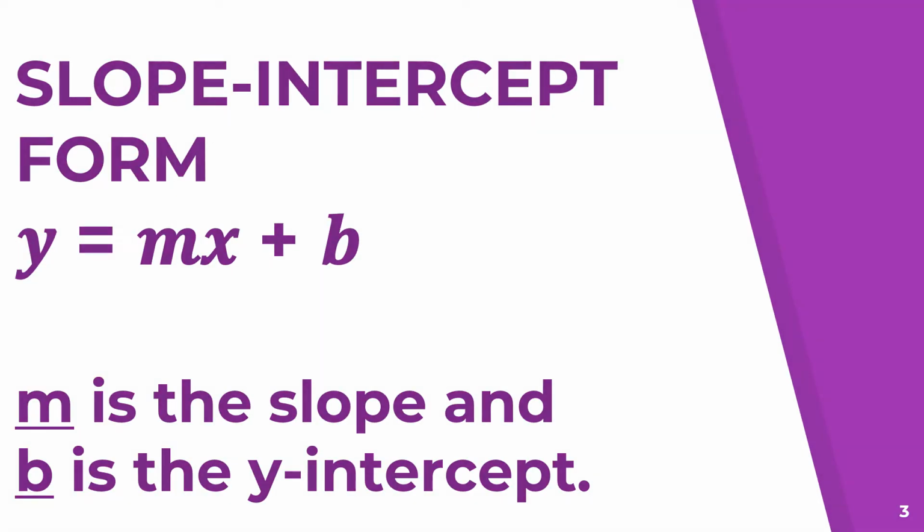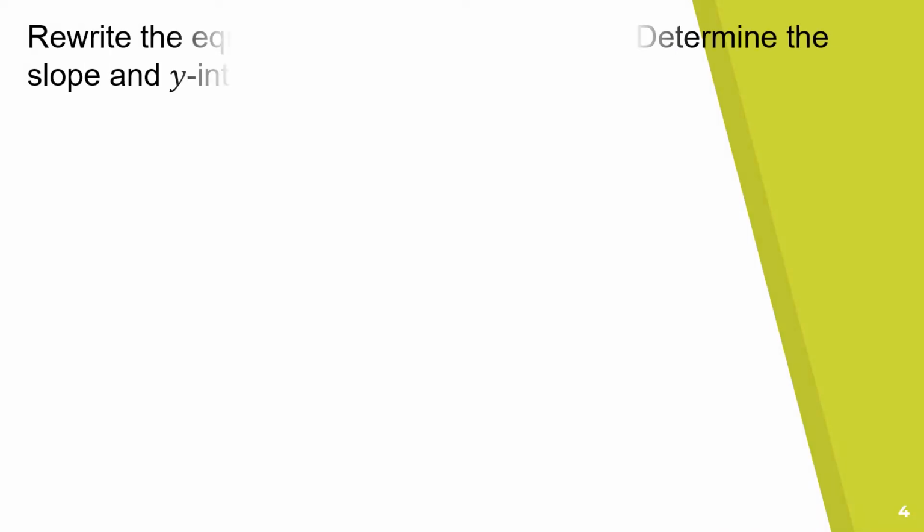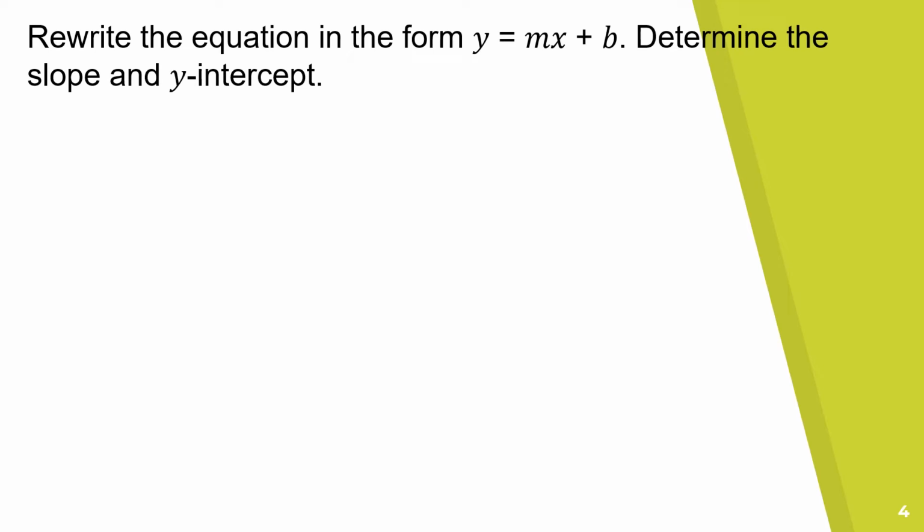Slope-intercept form naman, y equals mx plus b. M is the slope, b is the y-intercept. Okay, example number 1. Write the equation in the form of y equals mx plus b. Determine the slope and the y-intercept. Given negative 30x plus y equals 7.